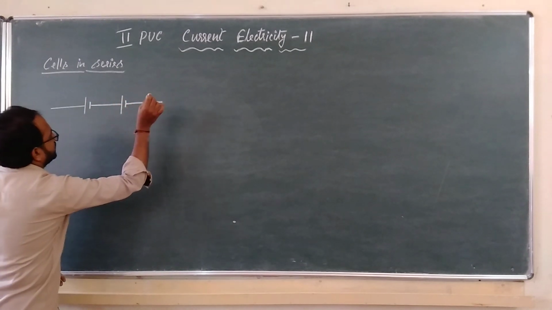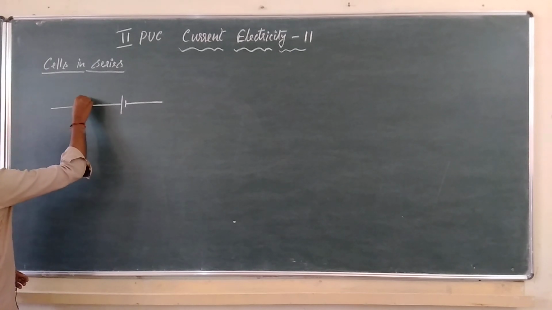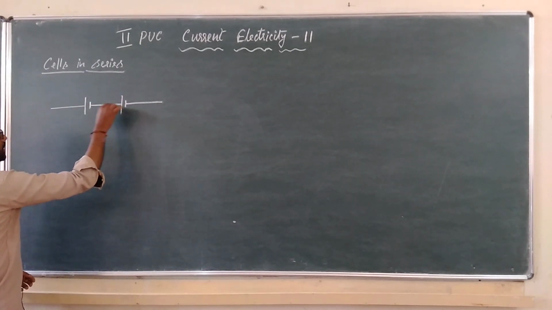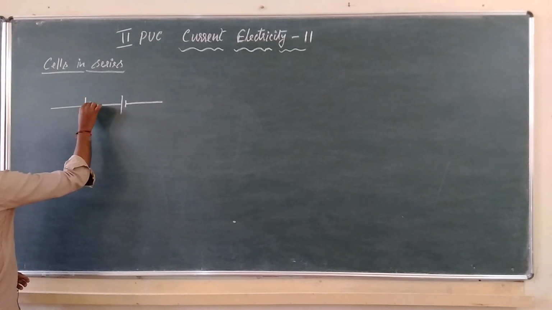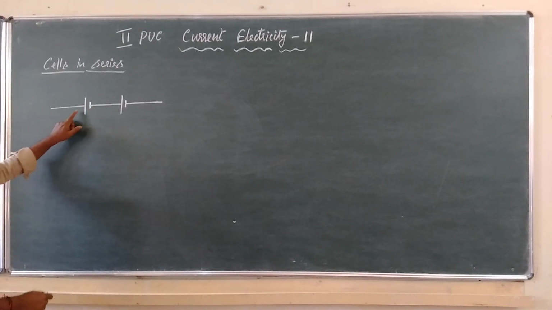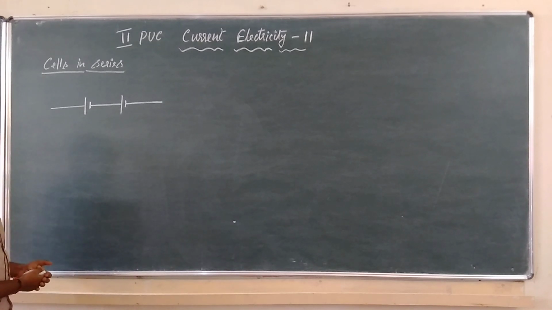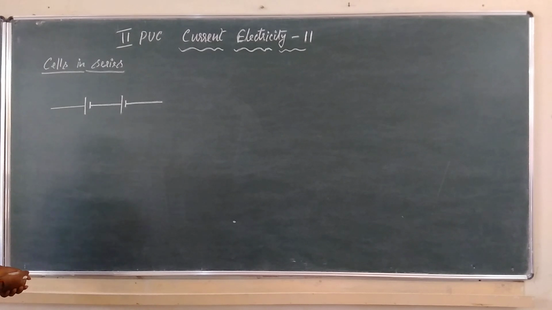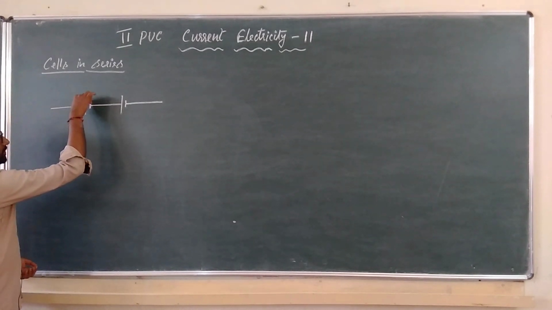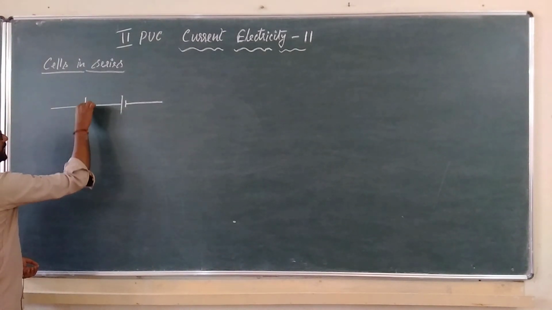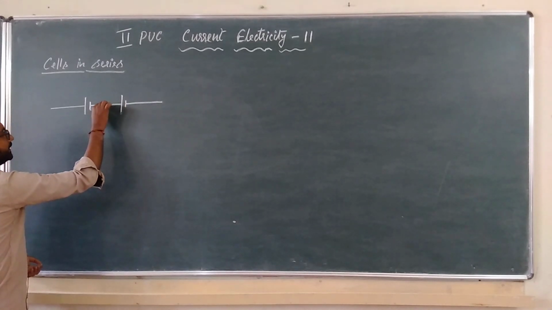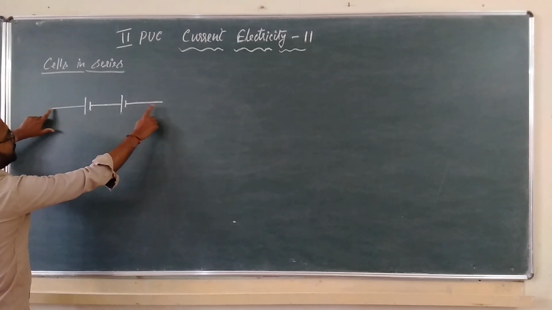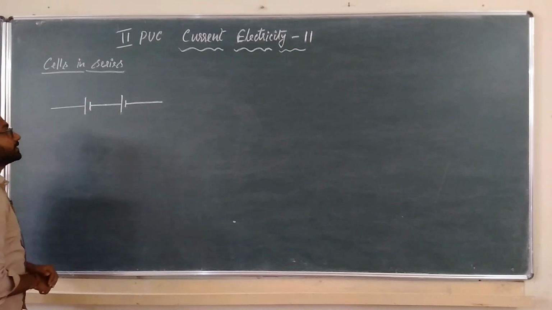So two cells are said to be in series if one of their two terminals are connected together, leaving the other two terminals free, to which we can connect an external circuit.